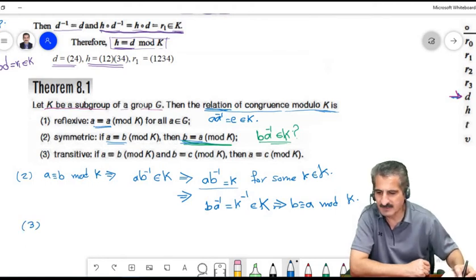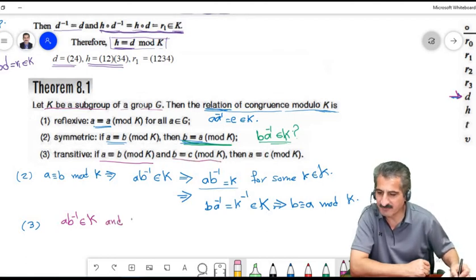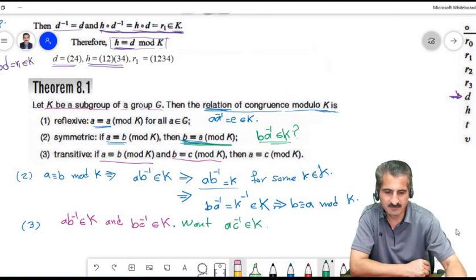Good. Now to prove part 3, it says A is congruent to B modulo K. So we have A B inverse belongs to K. And also we have B is congruent to C modulo K. So we have B C inverse also belongs to K. And we want A C inverse to belong to K. Okay, so can we do that?